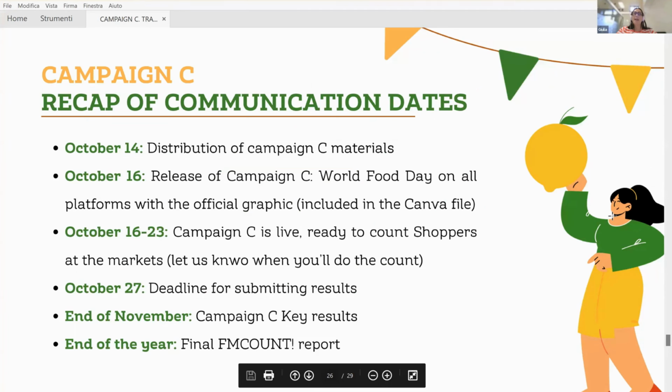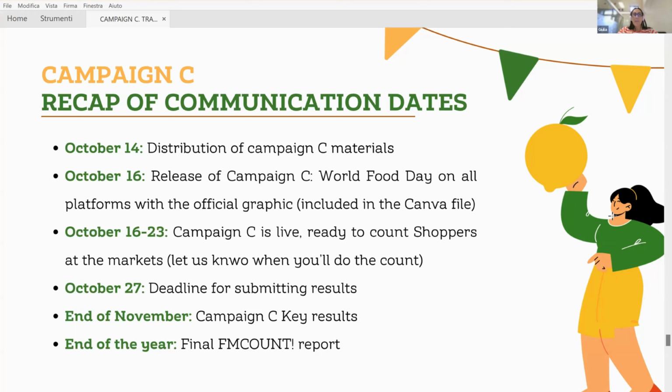Here is the right calendar. So October 14, we will send you all the campaign C materials, Canva, and also regarding the actual counting. October 16, we will release the campaign online using the official graphic forward through the day that you will find in the Canva file.